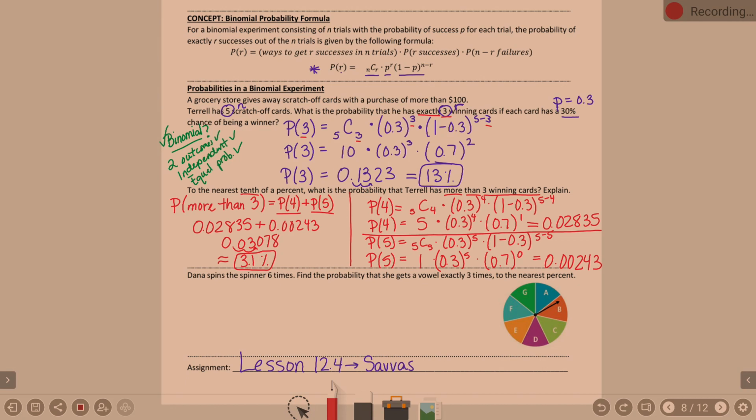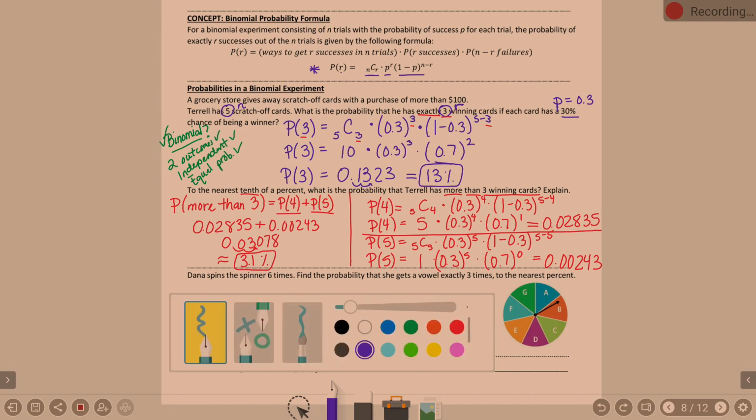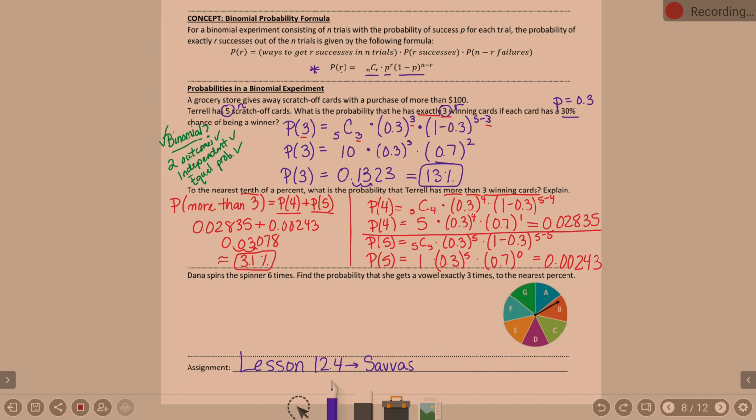Okay, last one. Dana spins the spinner 6 times. Find the probability she gets a vowel exactly 3 times to the nearest percent. So, check yourself real quick. Whether you write anything down is up to you, but is it a binomial experiment? Are there 2 outcomes?